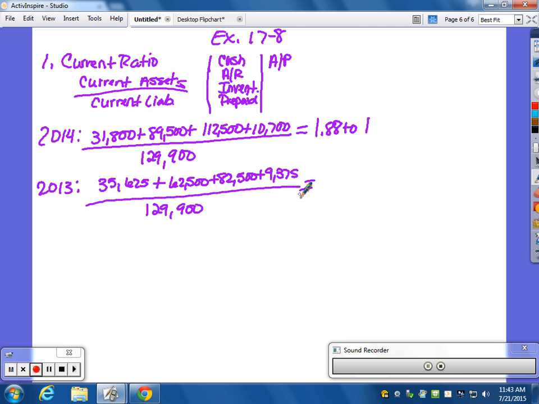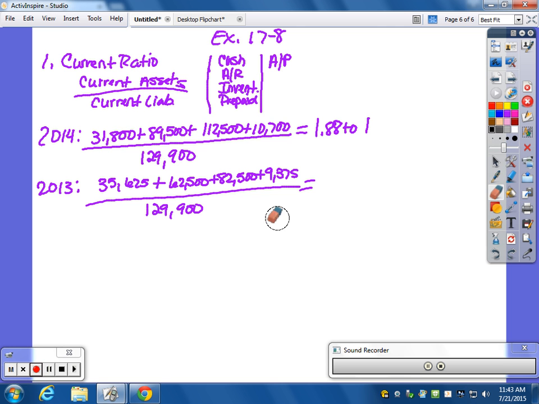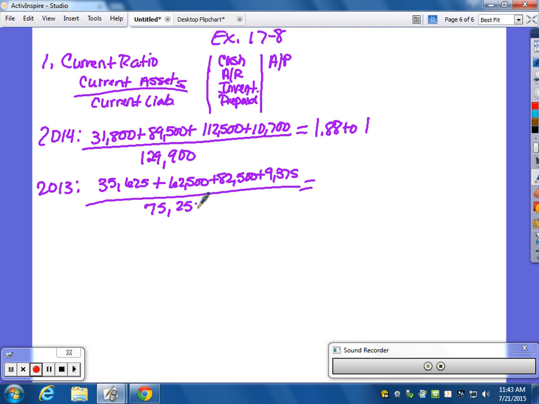Sorry, wrong year: the accounts payable is 75,250. What's the current ratio for 2013? 2.52 to 1.